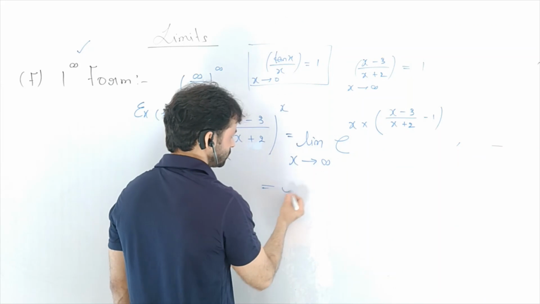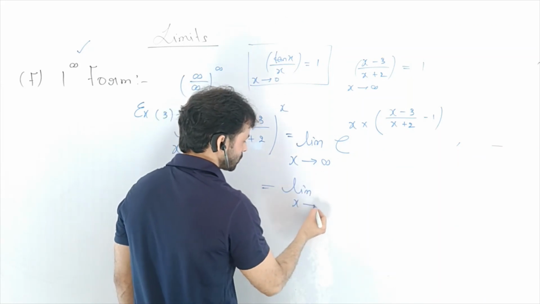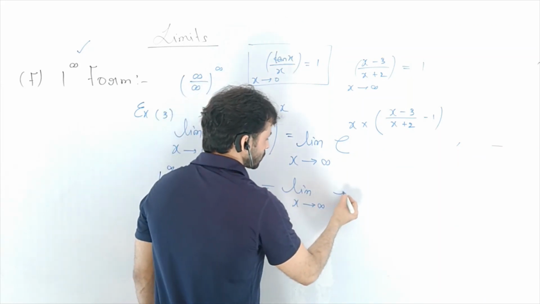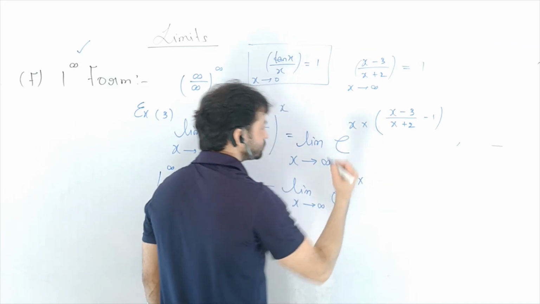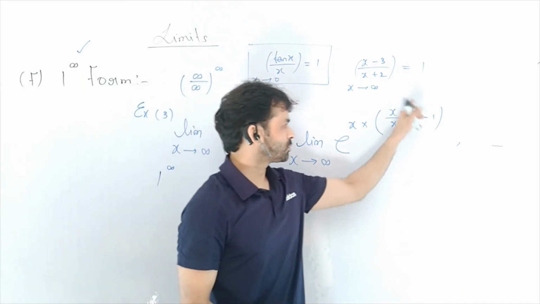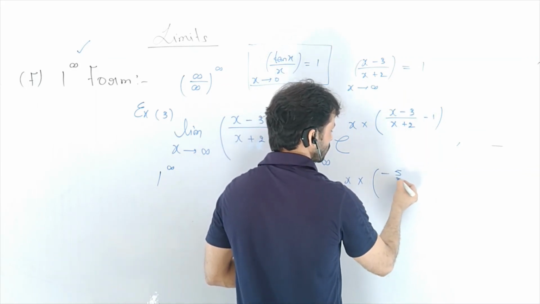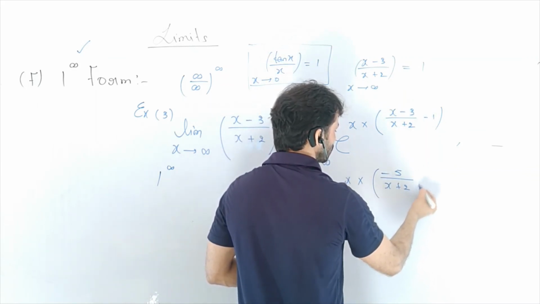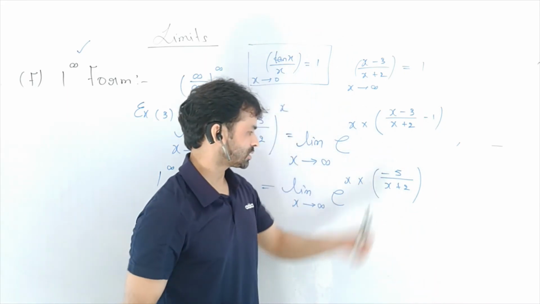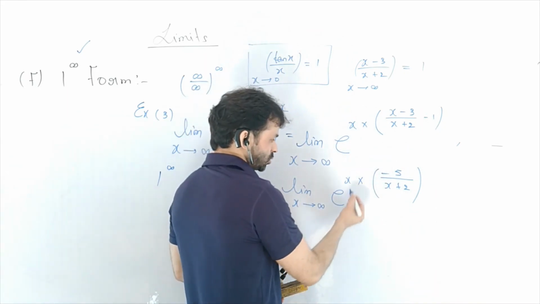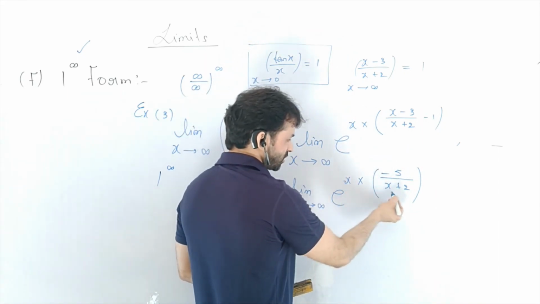What will this become? e to the power x into minus 5 by x plus 2. This is the constant. Now x is tending to infinity, so this is the infinity by infinity form.